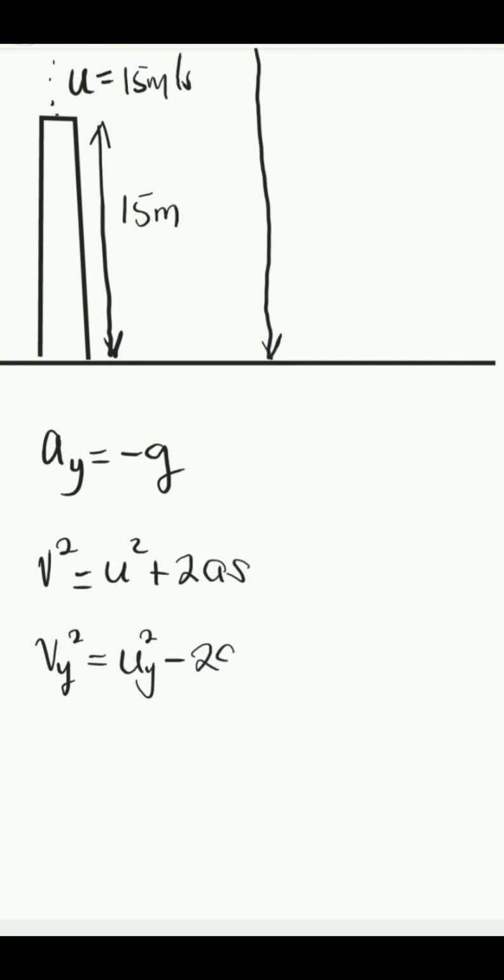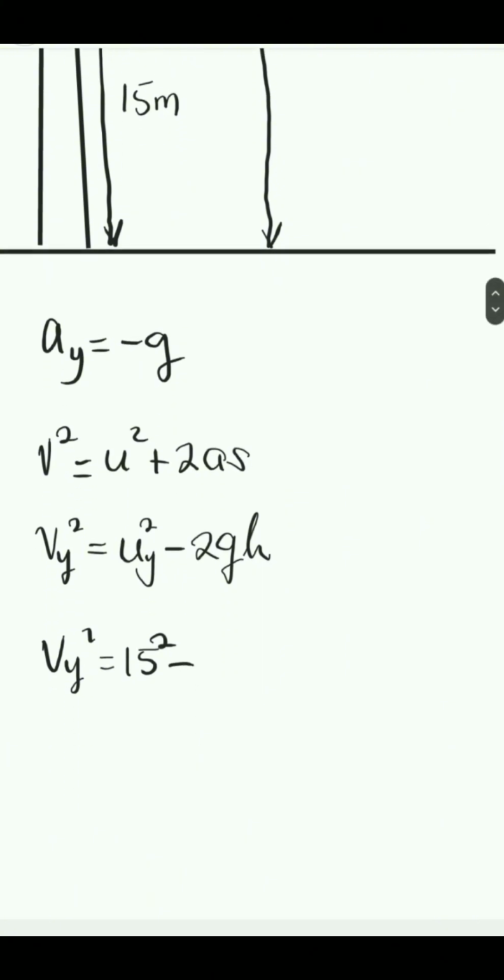So the positive has been substituted with the negative. Now this will be vy squared equals the initial, 15 squared, minus 2 times gravitational acceleration, which is always 9.8 on earth, then times h, which we don't know.